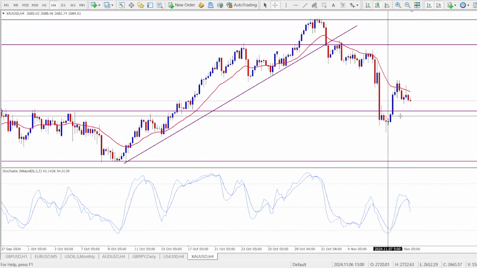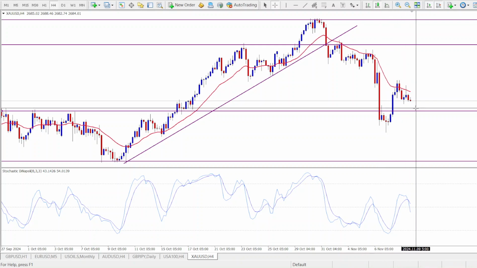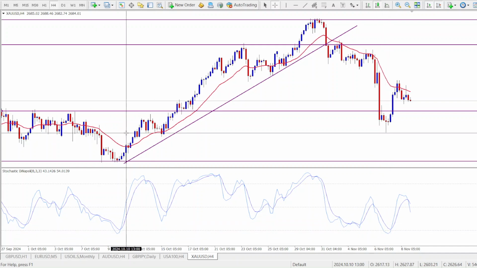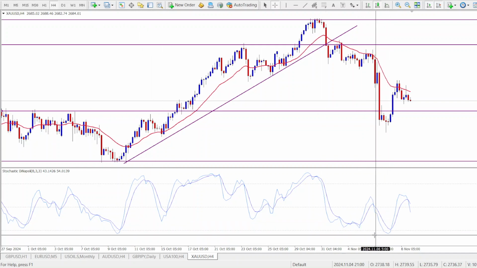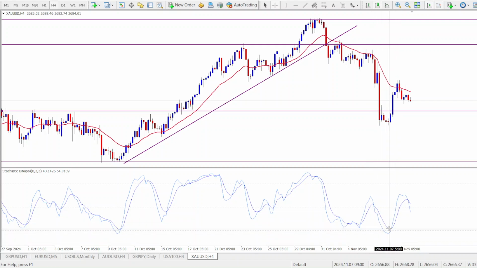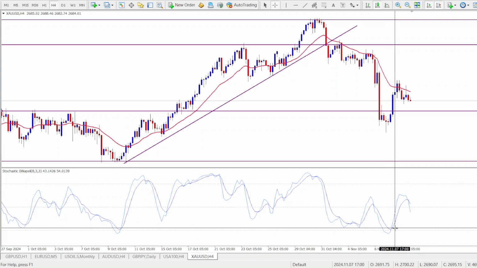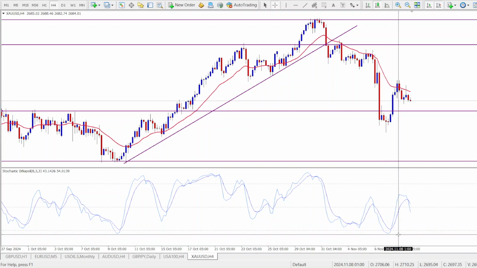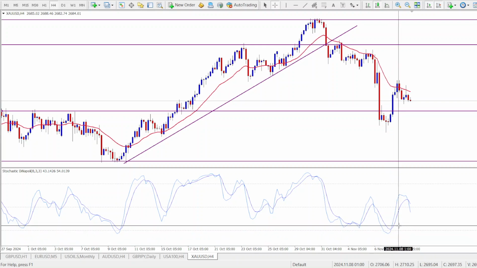Then you can target your nearest support level for your take profit, or you can just wait for the indicator, the stochastic DiNapoli, to enter into the oversold territory and begin to point back upwards to confirm your exit. Okay, you can use that to exit your sell trade when you have the crossovers happening around the oversold territory. That is the bullish crossover in this case.